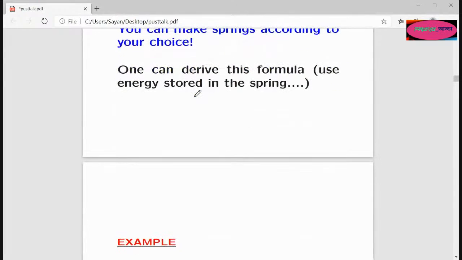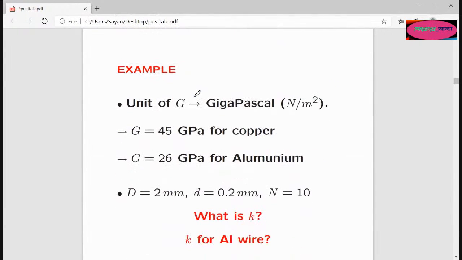Okay. So for instance, this capital G has units of gigapascal, Newton per meter square. For instance, the value of capital G for the material copper is 45 gigapascal. The value of G for aluminum is around 25.8, or say 26 gigapascal.